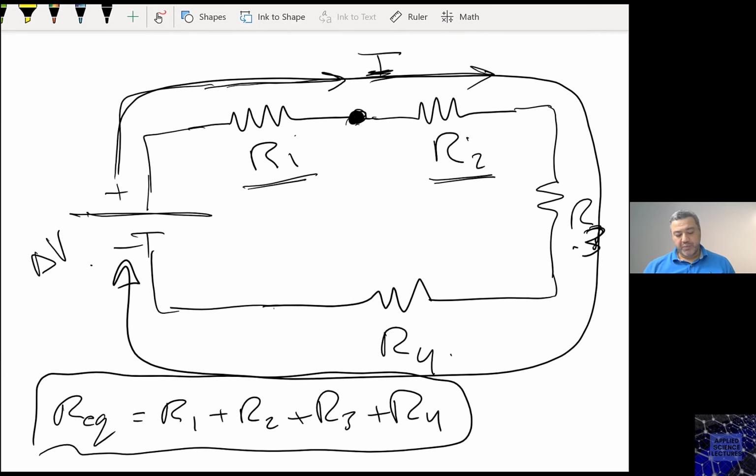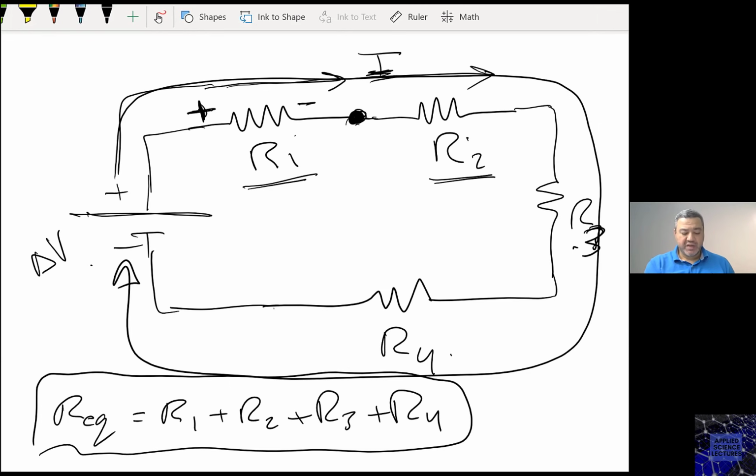Now, there's something important here also, the potential difference across R1 here. Remember in resistors, the current always enters its positive terminal and leaves its negative terminal.